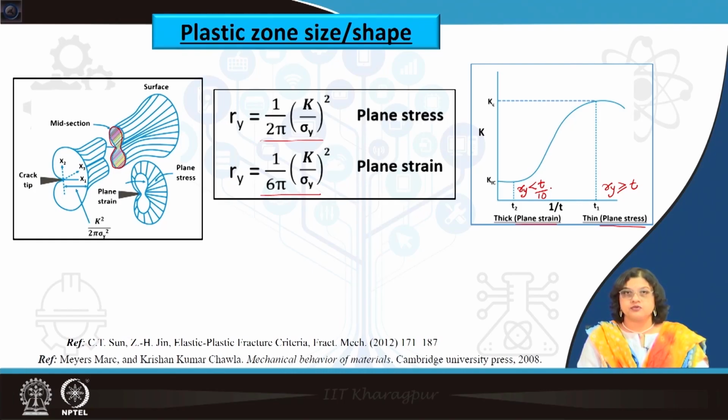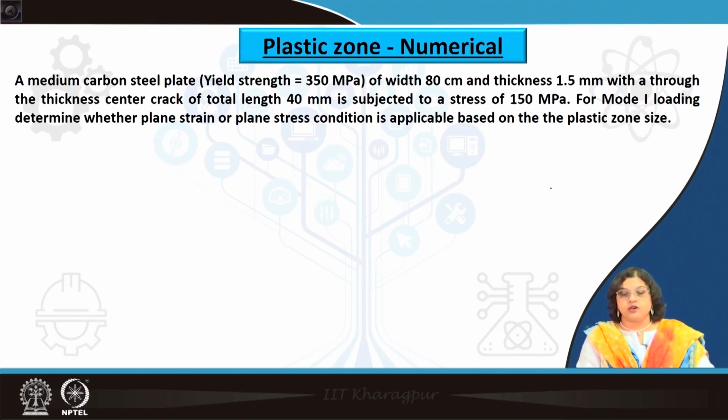So, based on this, we would like to figure out how we can determine, from the thickness of the component or additional parameters, whether plane strain or plane stress condition will be active. To understand that, we would like to solve a numerical. It says a medium carbon steel plate with yield strength of 350 MPa and width of the plate being 80 centimeter and thickness being 1.5 millimeter.